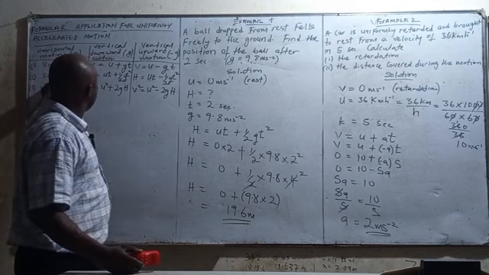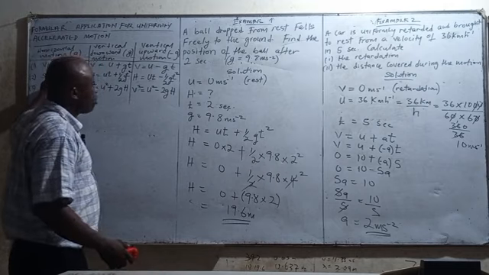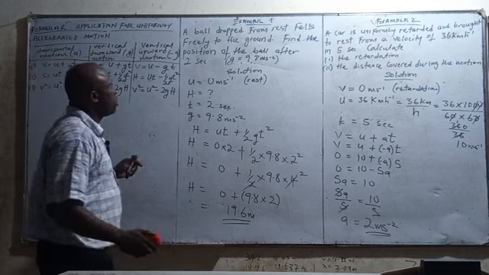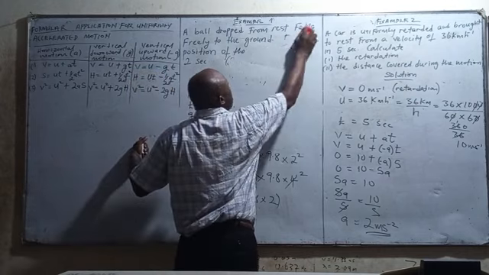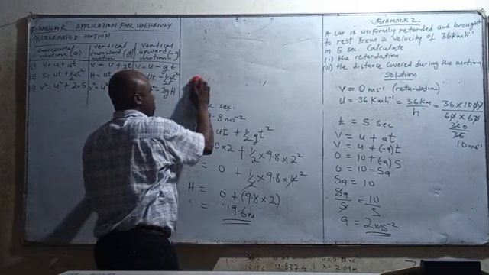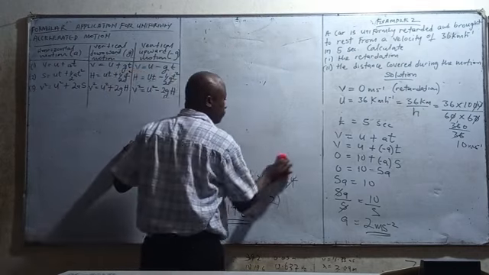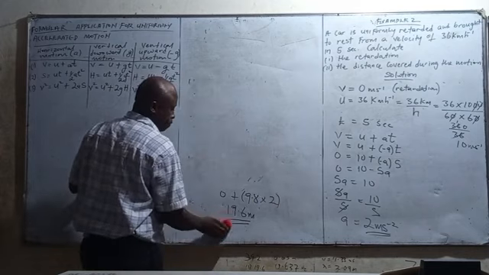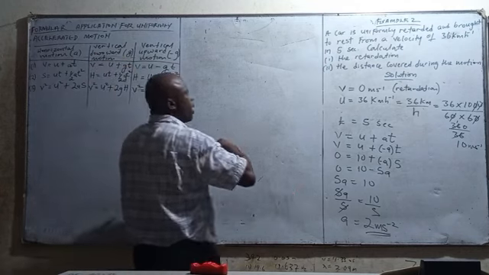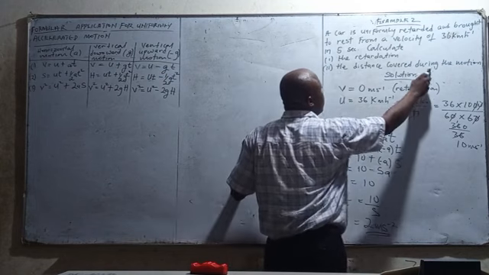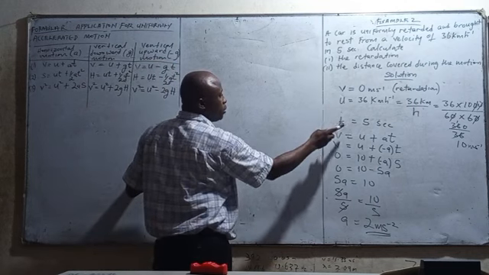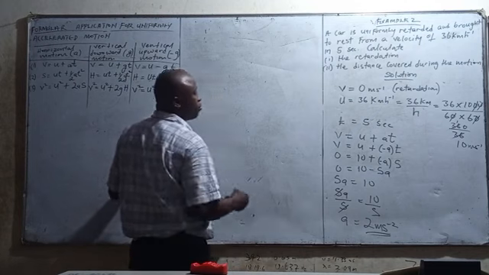We have u given as 10, we have time, and the acceleration we have solved for. We are asked to estimate the distance covered during the motion. So from our parameters, v equals 0, u is given, t, and the acceleration we have solved for.